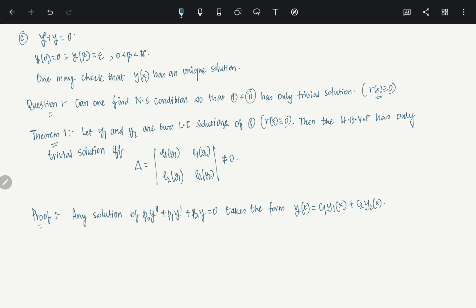This is the only form which you can take. Now this solves the homogeneous boundary value problem.